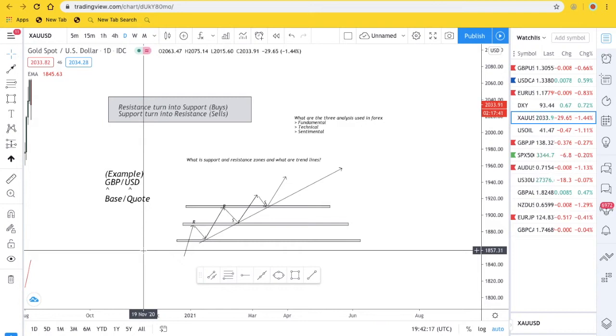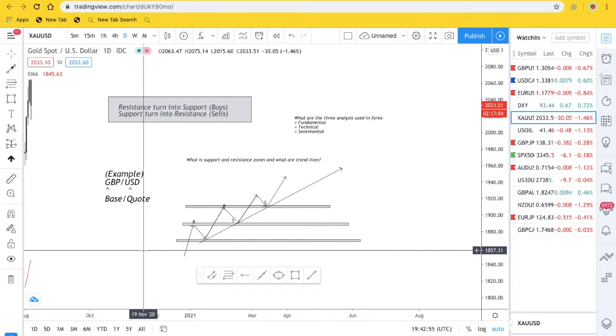Fundamentals is basically what you really need to make your technical analysis valid. Fundamentals is the most important analysis out of all analysis. Sentimental analysis is just like fundamentals, but kind of like a risk on or a risk off, meaning greed and fear. Greed and fear in the market is basically sentimental analysis.